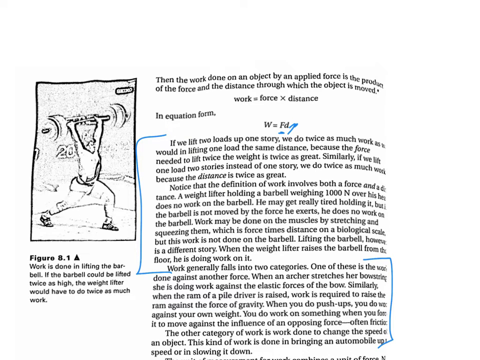In a way, it resembles the idea of lifting something against a gravitational field, to pull something back with a string. There's a little bit of a difference there, but what both of those have in common is you're giving the object potential energy. So when you lift an object against a gravitational field to get it higher, you're giving it potential energy. And when you pull on a spring, whatever object is attached to that spring, you're giving it potential energy.